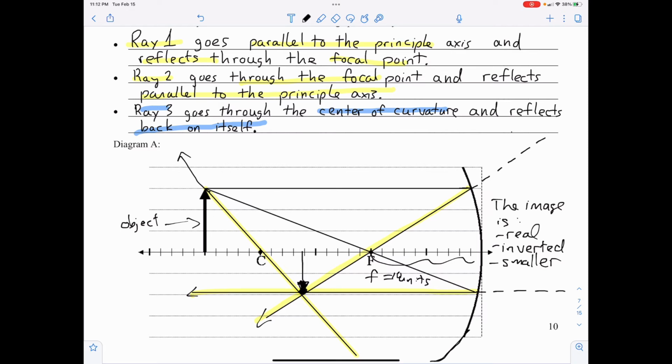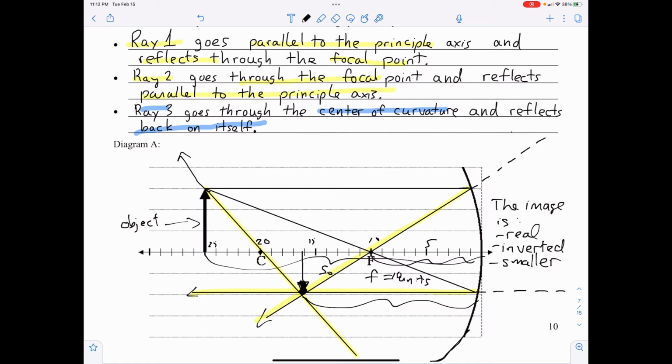Now, the actual object distance is 5, 10, 15, 20, 25. That distance right there is our SO. That's what the object distance is. Now, the image distance you can kind of see from right here.